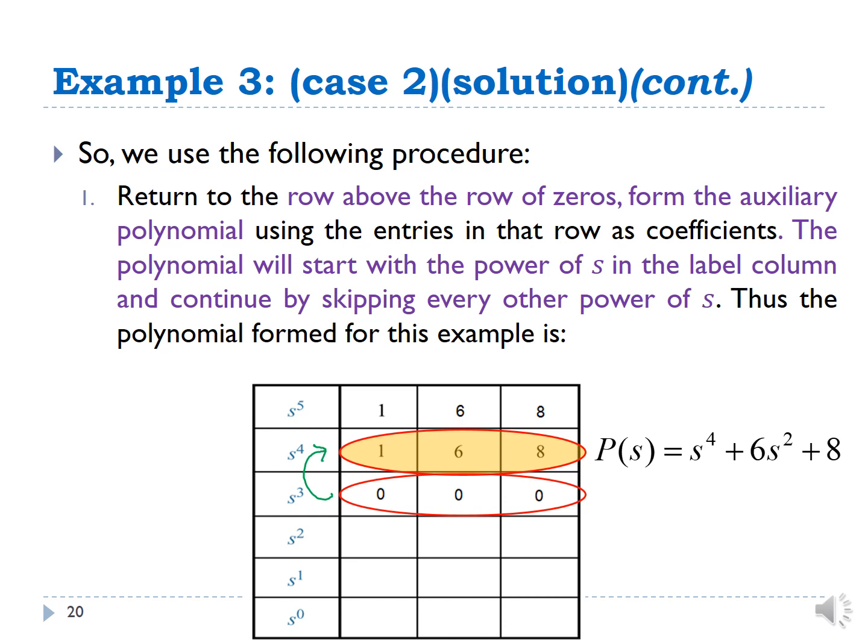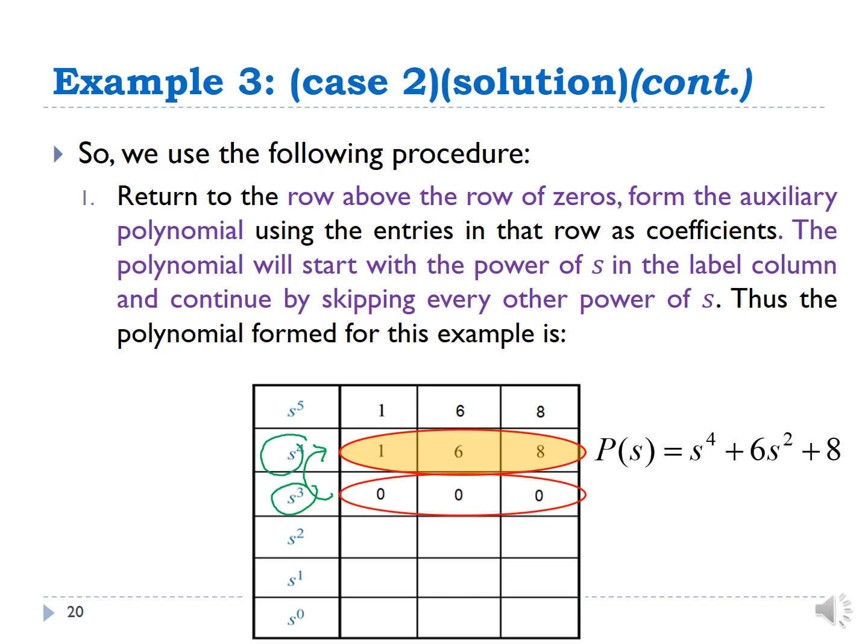If the row of zeros is at s power of 3, then the row above the row of zeros that we are interested in is row s power of 4. Once we have the row, the next procedure is to form the auxiliary polynomial using the entries in that row as coefficients.